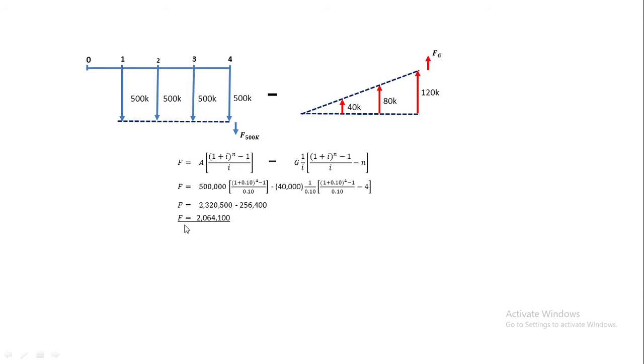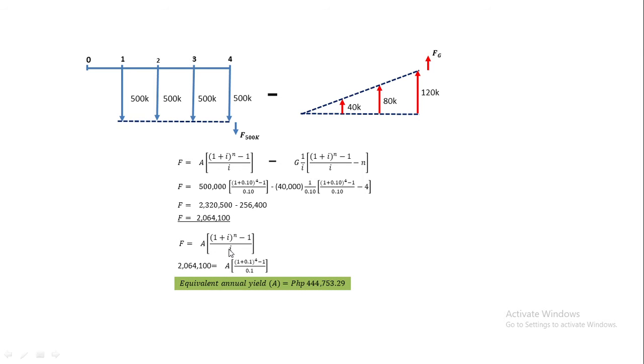Now that we have this future worth, we can calculate the equivalent annual yield by using the FA formula from the uniform series: A bracket, parenthesis (1 plus i) raised to n minus 1 over i.